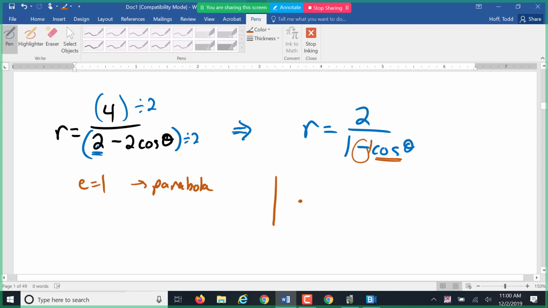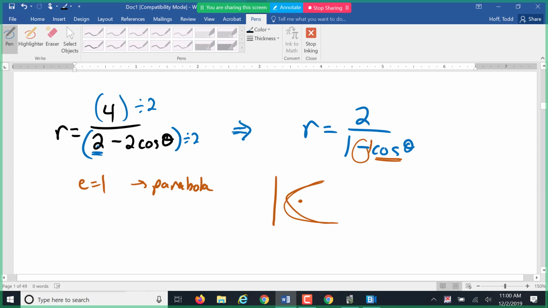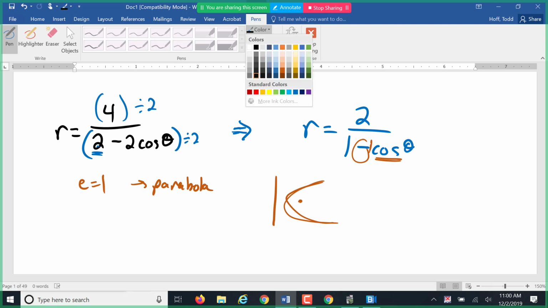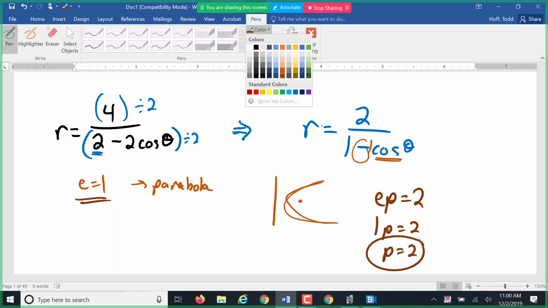So we're going to have a parabola that opens something like that, a little straighter, but you get the picture. We still have to solve for p. We know that ep equals 2, and the eccentricity is 1, so 1 times p equals 2, telling us that p equals 2. So the distance from our focus to that directrix is 2 units.